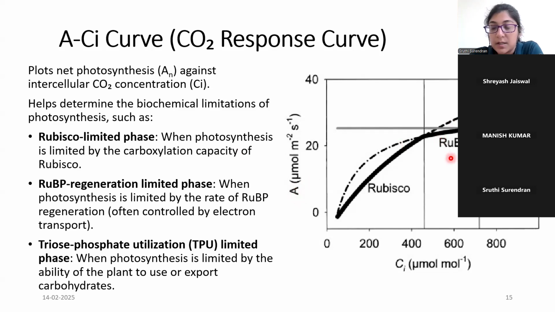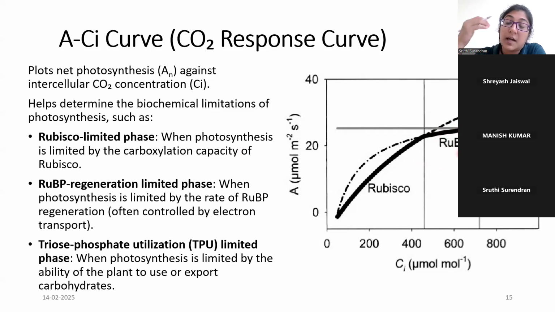So this part of the curve gives us information relating to the RuBP regeneration rate, and we can say that if the photosynthetic rate is in this range, RuBP regeneration is what is impacting the photosynthetic rate. So if RuBP is regenerated at a very low rate, we can get the information from this part of the curve.